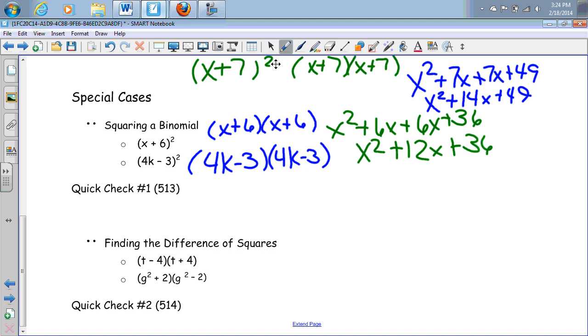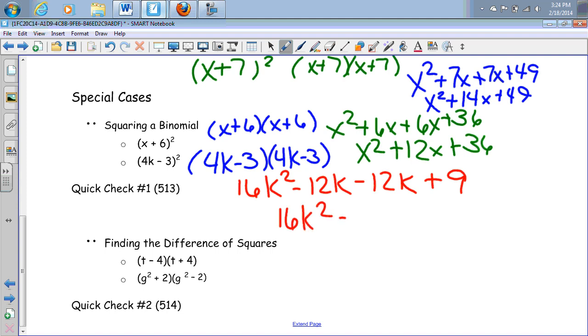Still going to do my first terms. 4k times 4k, 16k squared. Minus 3, so negative 3 times 4k is negative 12k. Negative 3 times 4k is negative 12k. And negative 3 times negative 3 is positive 9. So once I simplify, I get 16k squared minus 24k plus 9.